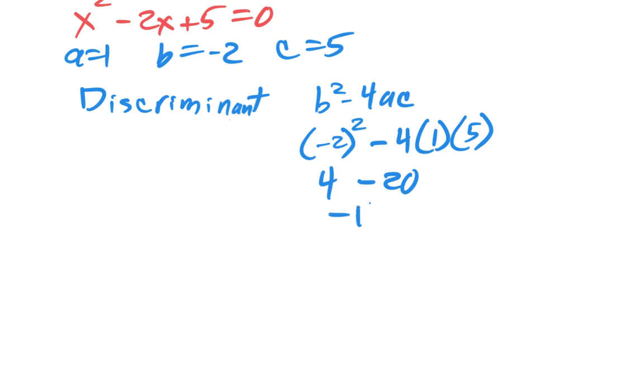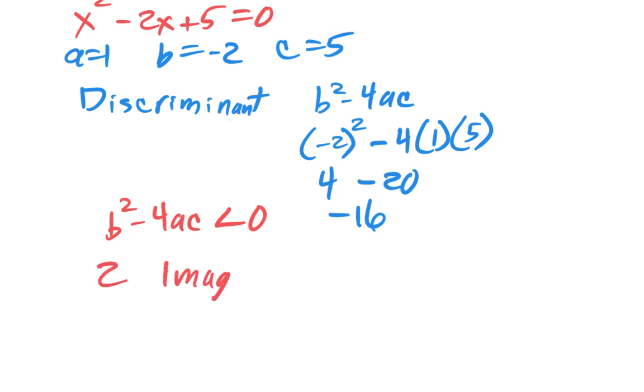That leaves us with negative 16. So b squared minus 4ac is actually less than 0, or negative. So we will have 2 imaginary roots.